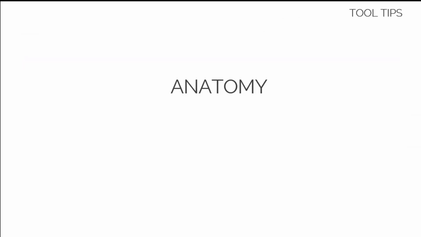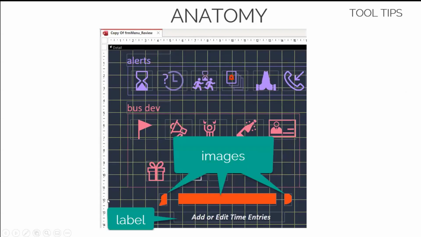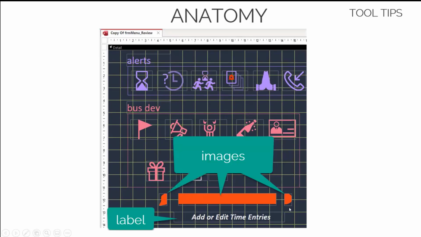So the anatomy of all of that. Here we have the form in design mode, and the custom tooltip is at the bottom, which is composed of several pieces. We have just a background label, we have the text label, and we have the caps at the left and right ends, which are just images.